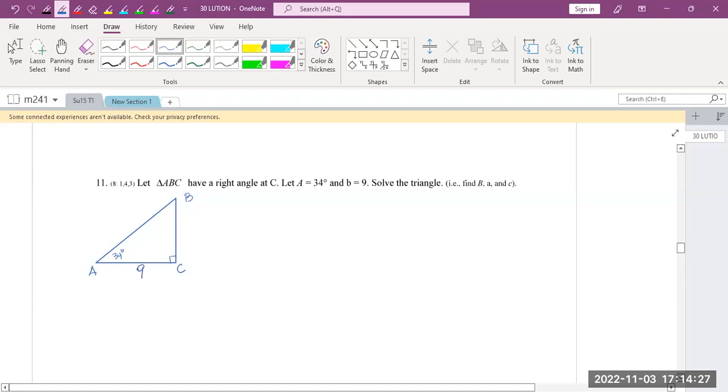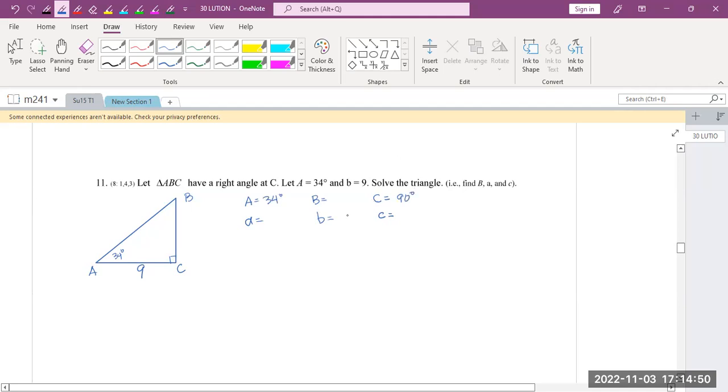Solve the triangle. When we say solve the triangle, it means we need to find the three angle measures and the length of the three sides.